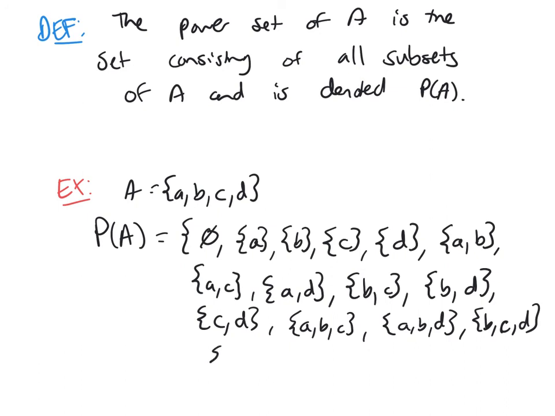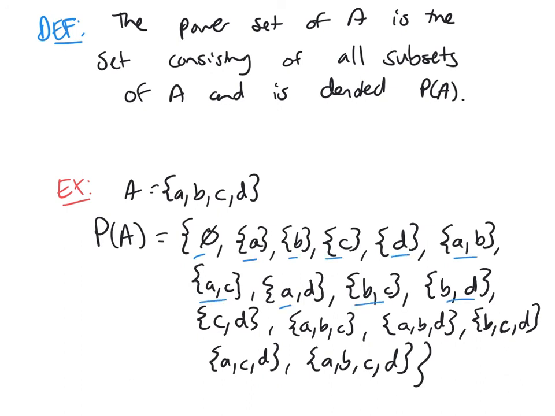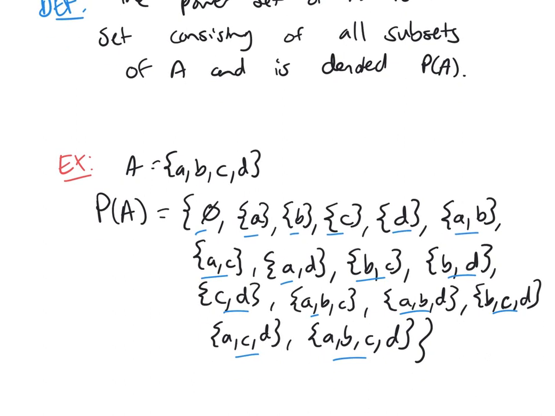Oh, and I'm missing ACD. And then finally the set ABCD. So how many sets do I have here? Let's count. 1, 2, 3, 4, 5, 6, 7, 8, 9, 10, 11, 12, 13, 14, 15, 16. 16. And remember, the number of subsets here is 2 to the n, where n is the number of elements, so it's 2 to the 4th, which is 16.